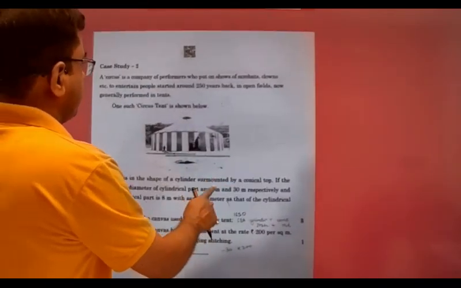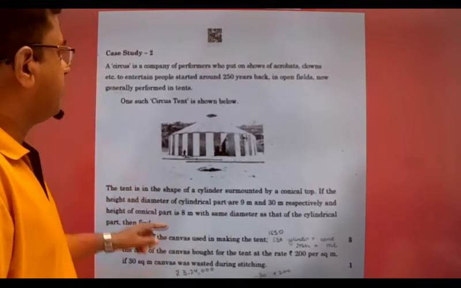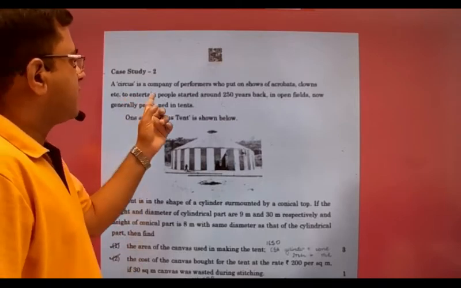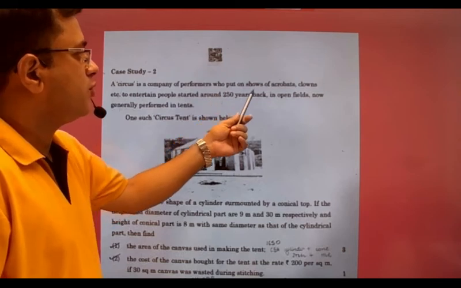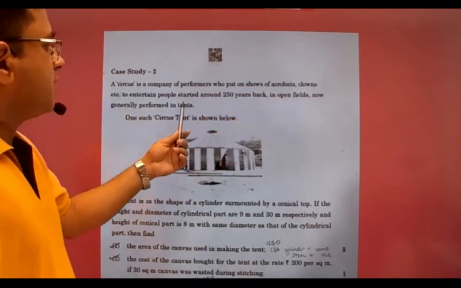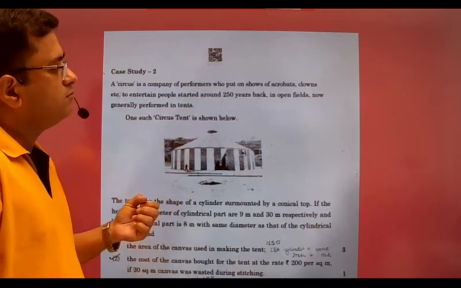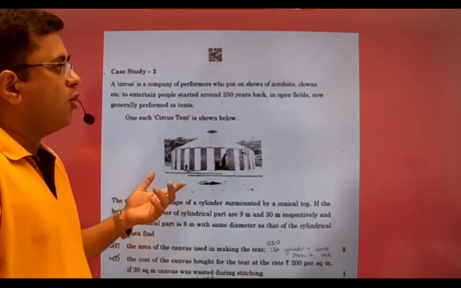In this question, it is another case study based question. It is given that a circus is a company of performers who put on shows of acrobats and clowns. 250 years ago, the circus was performed in an open field.